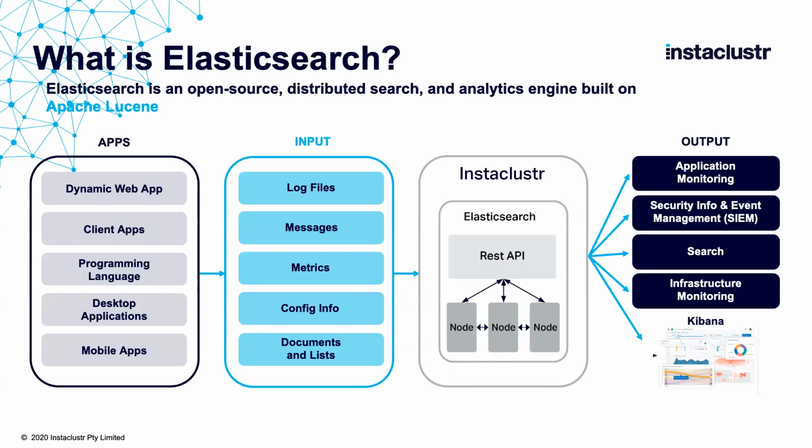You put a bunch of data into Elasticsearch that you can query and visualize. You could take some log files, some metrics, some documents, put them into Elasticsearch, which creates a RESTful API for you. And then you can get all sorts of output like application monitoring, security triggers, search engines, and infrastructure.